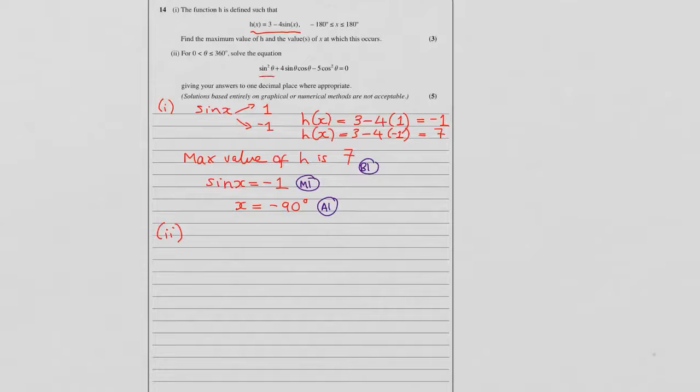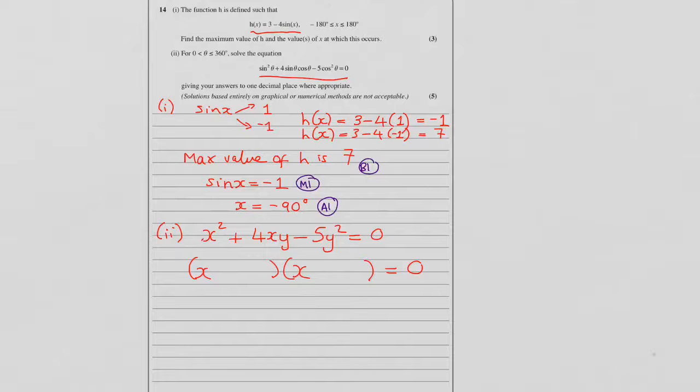Now this one, not a very nice thing to factorise. So what I did initially was just change it. I let x be sine theta and cos theta was going to be my y. So it just looked a little bit easier if I had it written like that. You don't have to, but if you do it this way, it's going to have an x and an x there, and an x there.